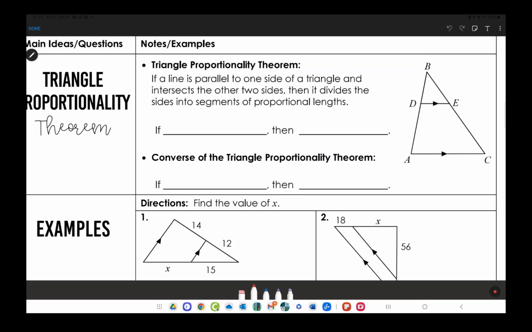Now, what that looks like in that case is if DE is parallel to AC, then BD over DA is equal to BE over EC.